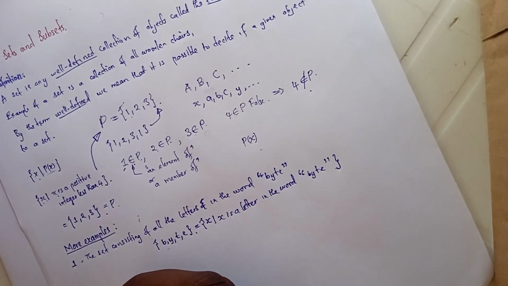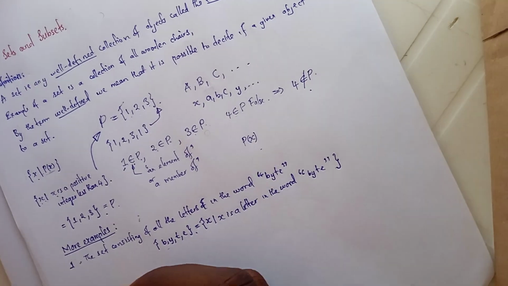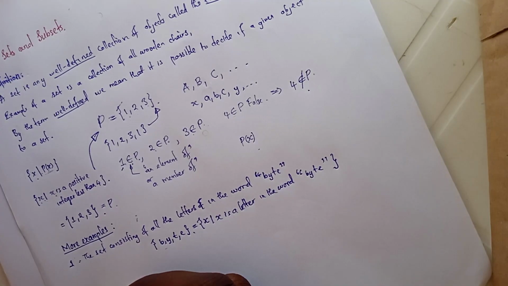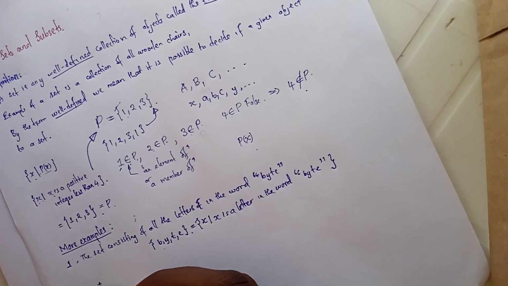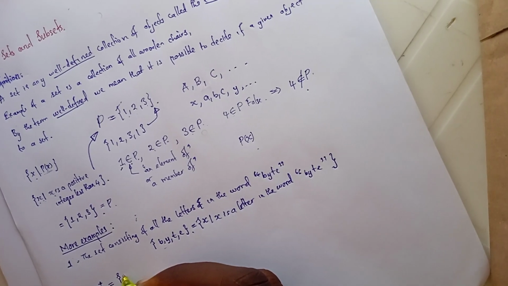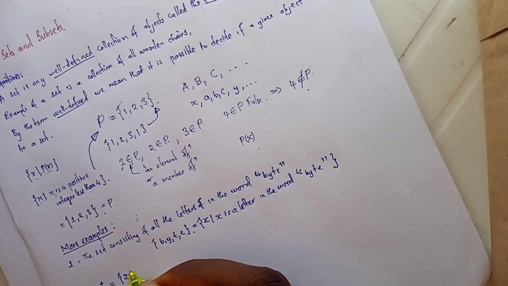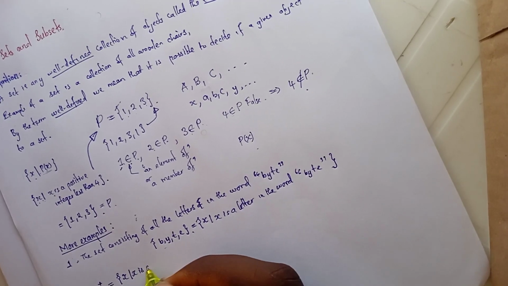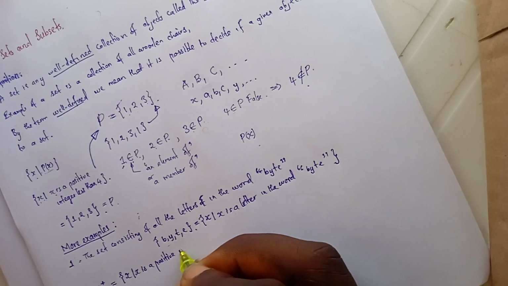The second example we can look into is a set of positive integers. A set of positive integers can be written as the set of all x such that x is a positive integer.